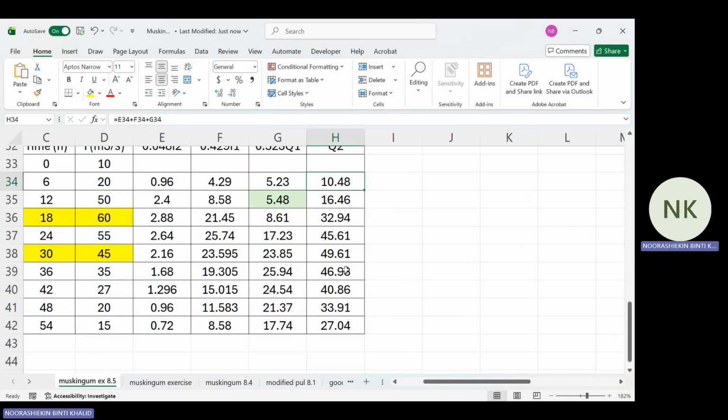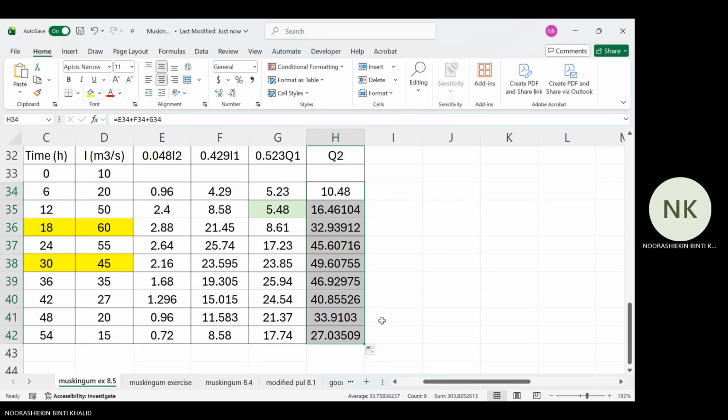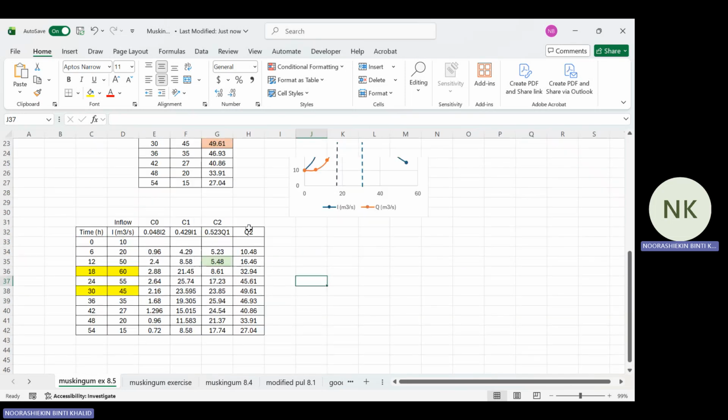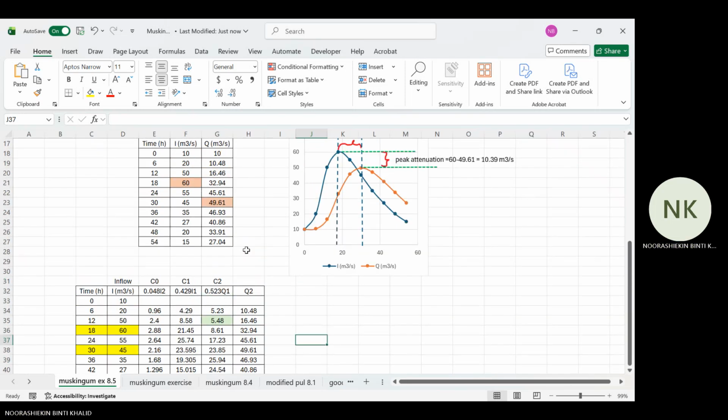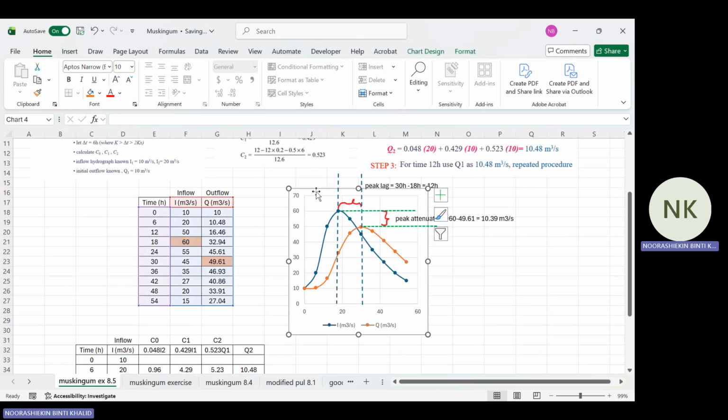Then when you use 10.48, just drop down here, and you get this equation and Q2 for this table. And then you plot a graph of inflow and outflow.